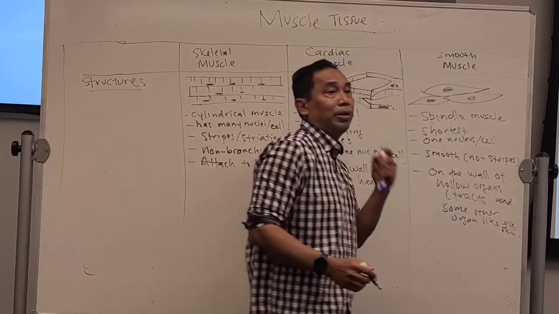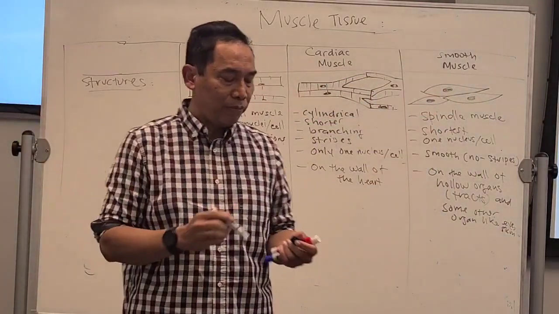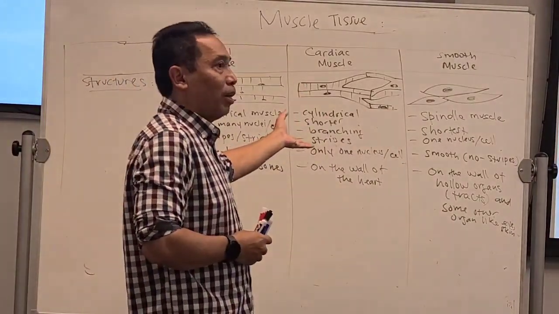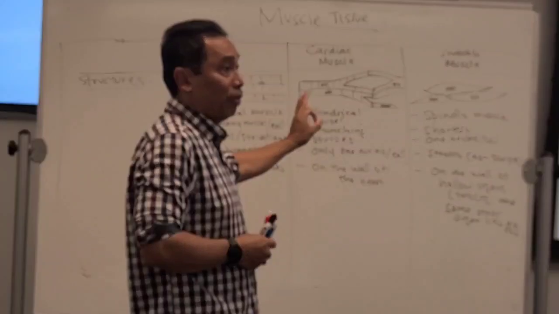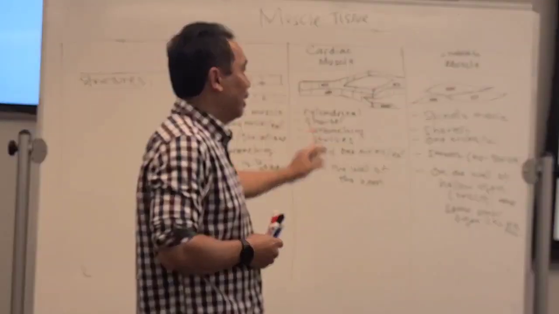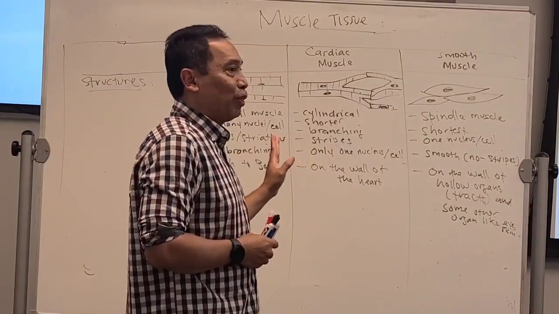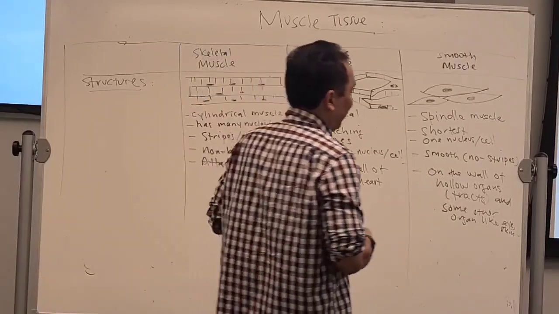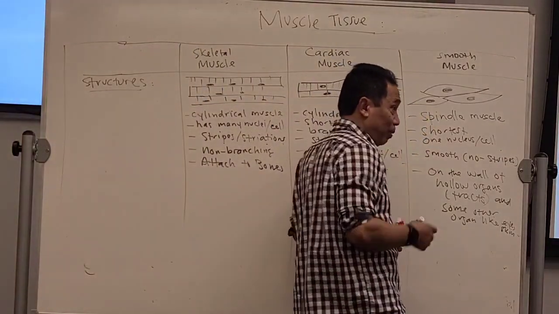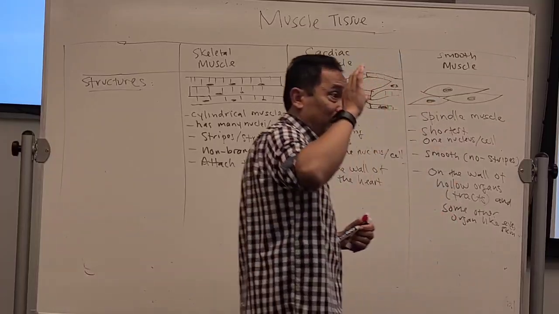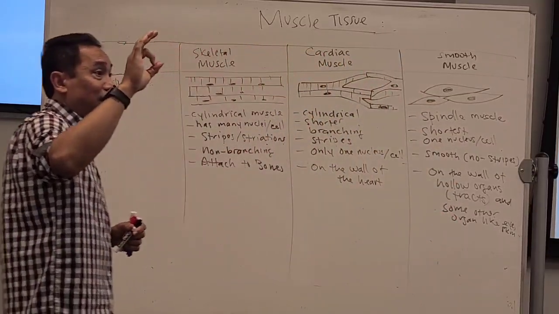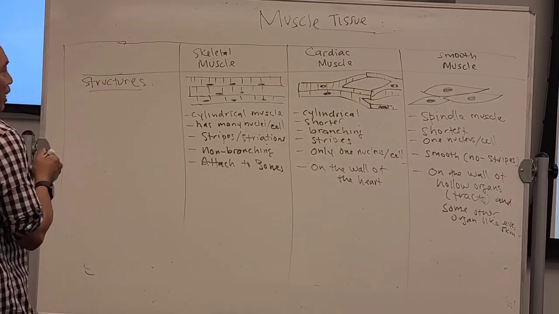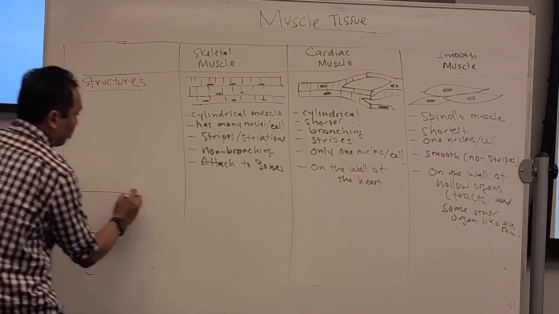They also have groups of smooth muscle that control movement of some part of the organ. You have questions so far for structure? Eyes, yeah, you have the eye pupil, and the pupil is like the hole. It's controlled by the iris. Iris is actually smooth muscle. We're gonna see how that works.